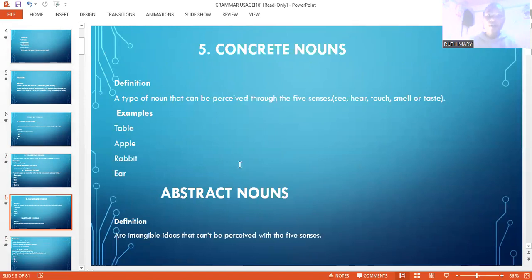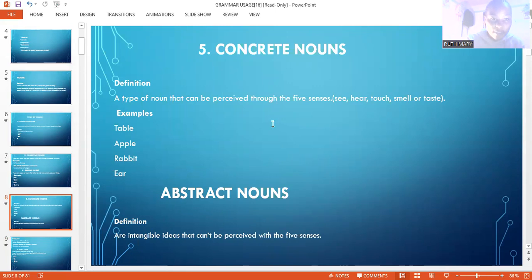Then we have the concrete nouns. Concrete nouns are types of nouns that can be perceived through the 5 senses: hear, see, touch, smell, or taste. For example, a table, apple, rabbit, and ear.